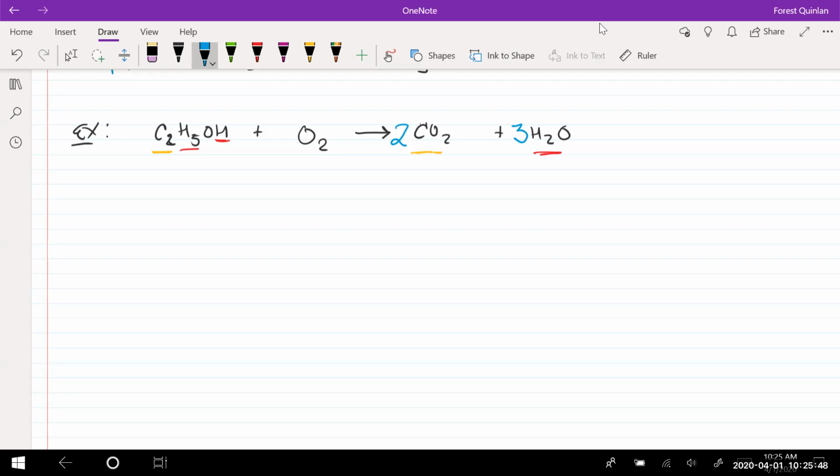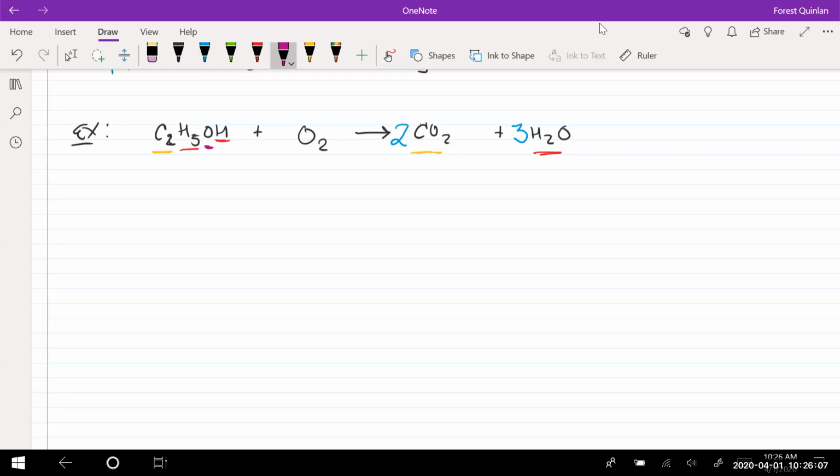So now, how many oxygens do you see on the left? Hydrogen is 6 on the right and 6 on the left.